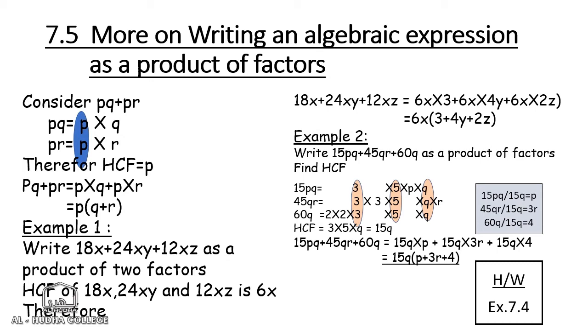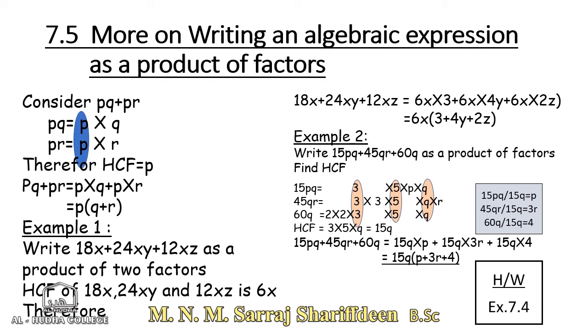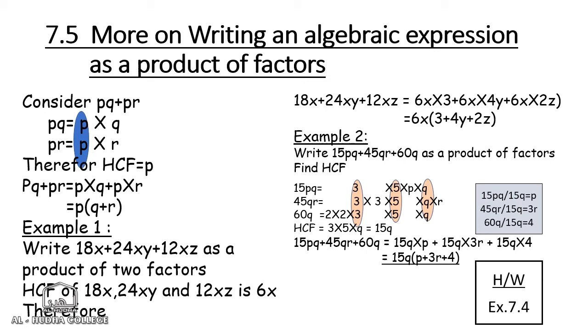If you multiply it, 4 into 6, 24, and x into y, xy. Plus the last term you can write as 6x into 2z. Then if you multiply it, 2 into 6, 12, x into z, xz. So you get the same. Now you have 6x everywhere. All the terms have 6x, that is the HCF. So take 6x as a common factor.